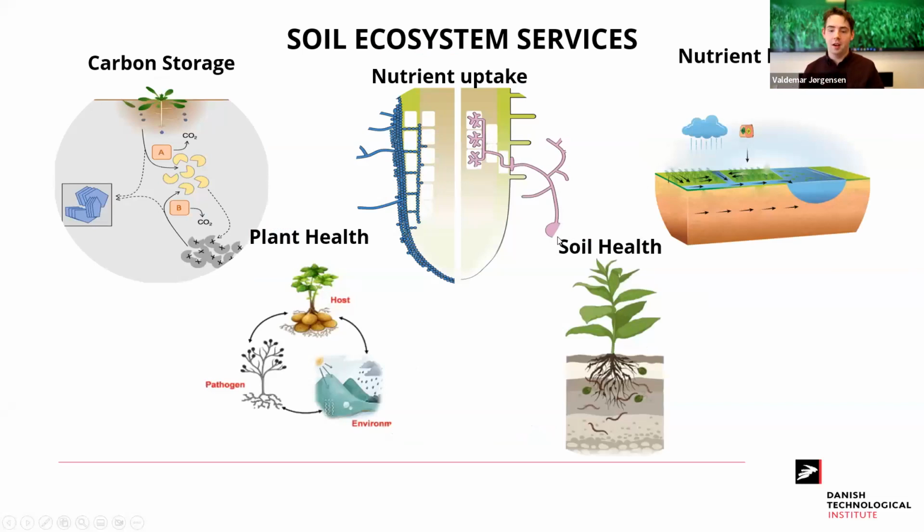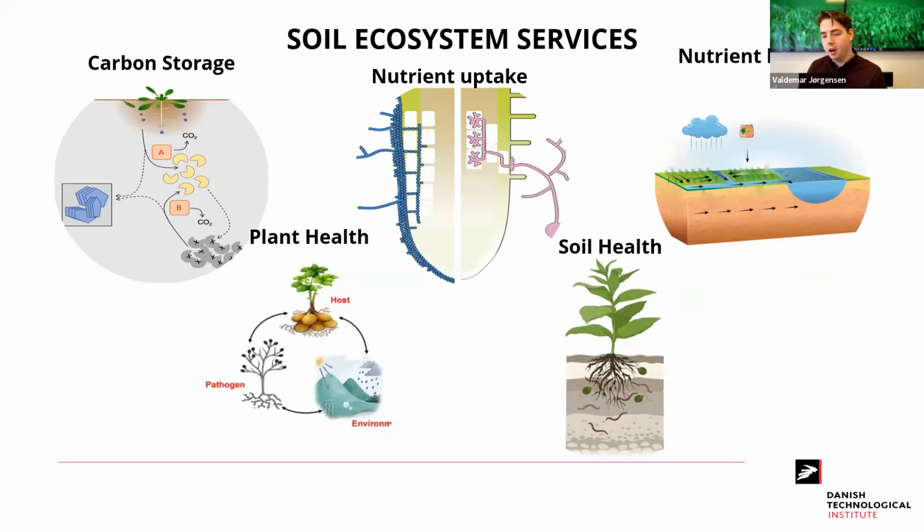This is the important first slide. So here are some examples of ecosystem services that soil and agriculture do for us. One of them is carbon storage. Carbon sequestration is a big topic in agriculture now, how we can use the soil to store carbon.